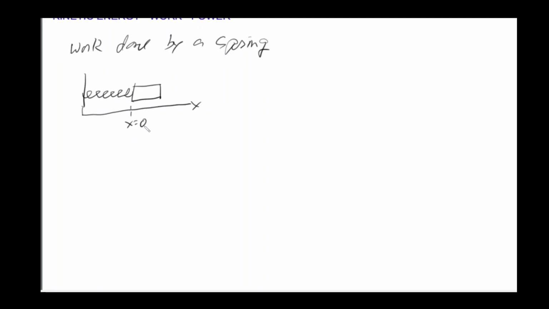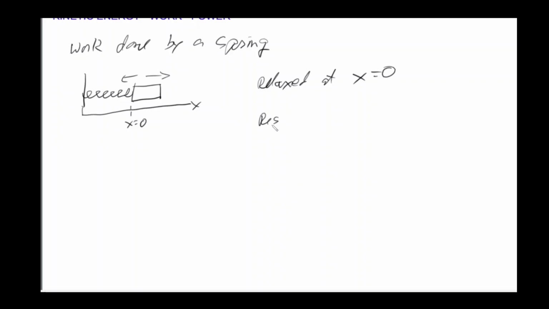So the spring is not moving at all. So the spring is relaxed at x equals 0. At this point, it can be compressed or it can be pulled. However, the spring will resist the motion in either direction.